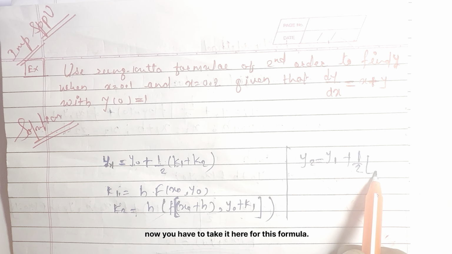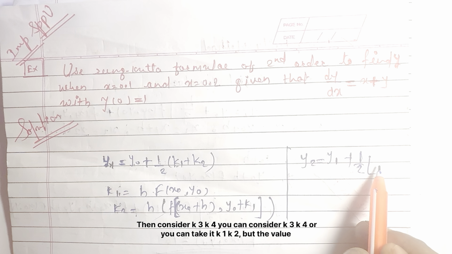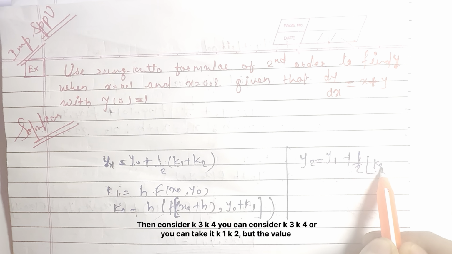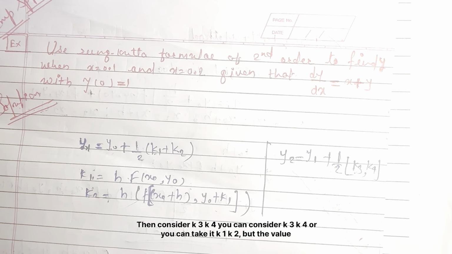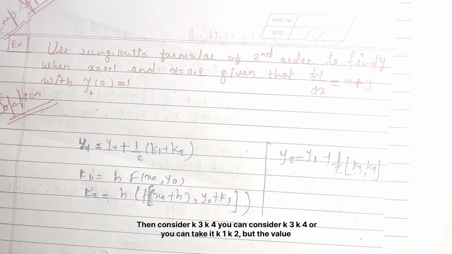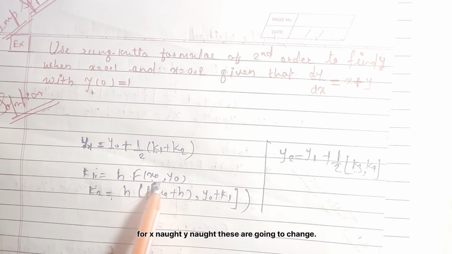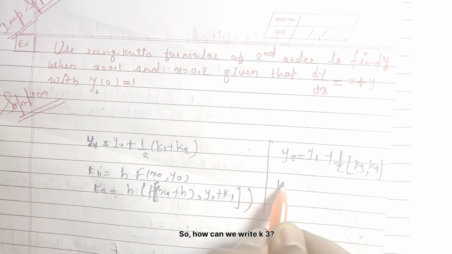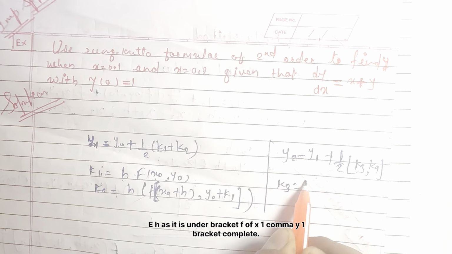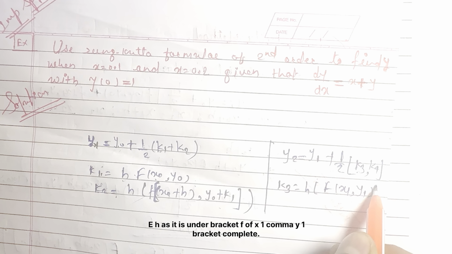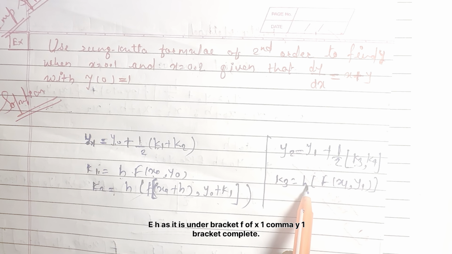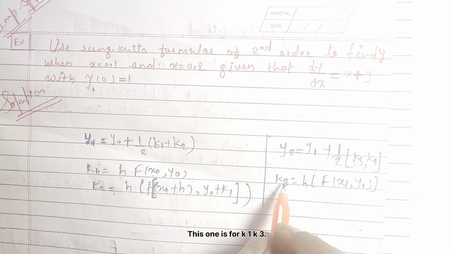Then consider k3 and k4. Or you can take them as k1 and k2, but the values for x naught and y naught are going to change. So k3 is h f(x1, y1). This one is for k3.